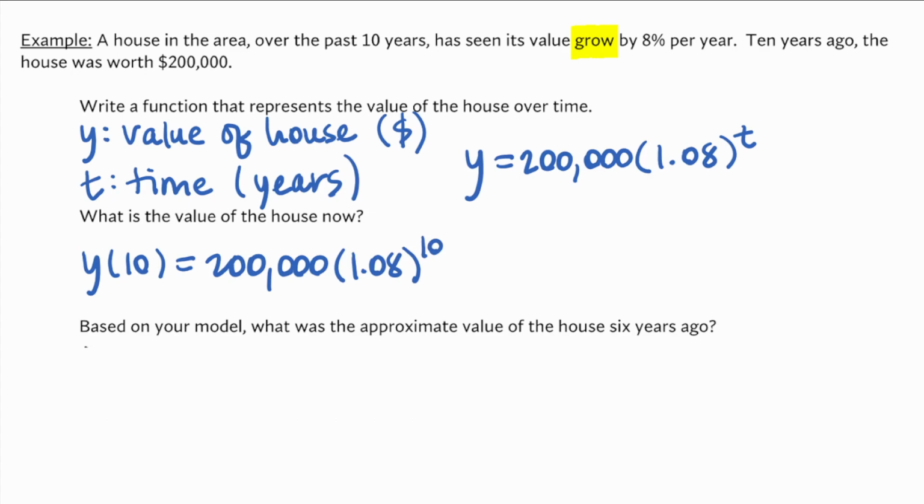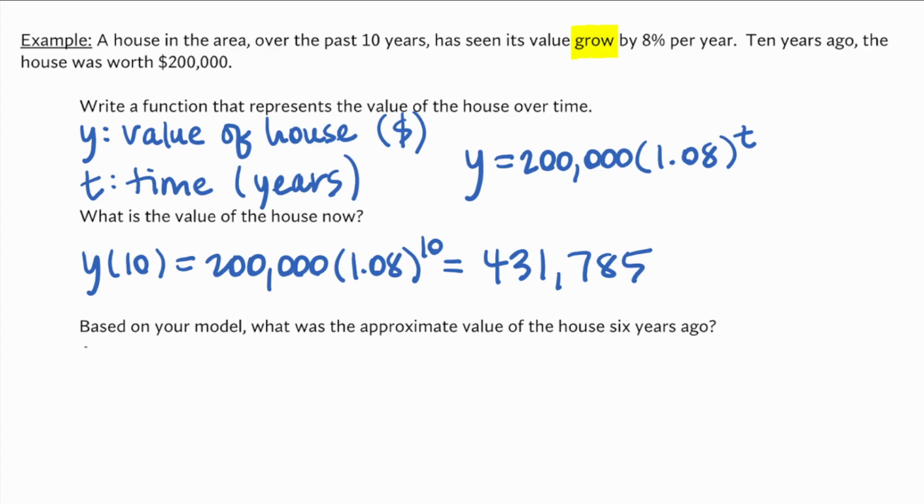Now, I think to get the most out of this example, you'd need a calculator. If you had a calculator, you would see that that number was equal to $431,785.